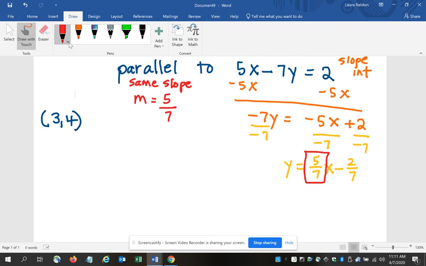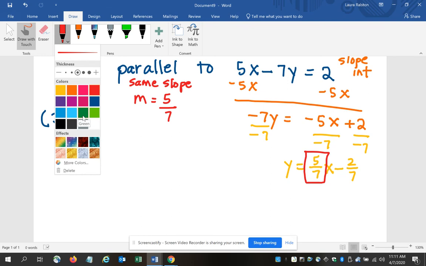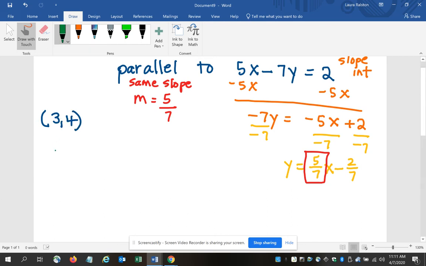So using that parallel slope and the point slope equation, we're going to write the equation of the line. Using point slope, y equals m times x minus x1 plus y1.